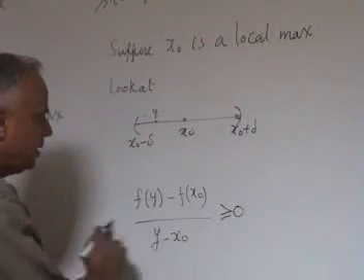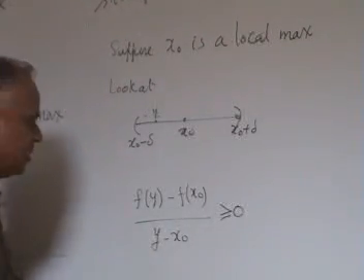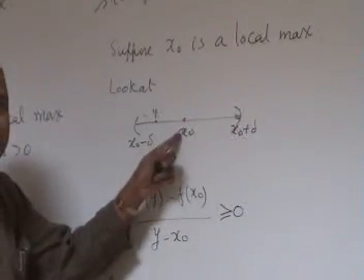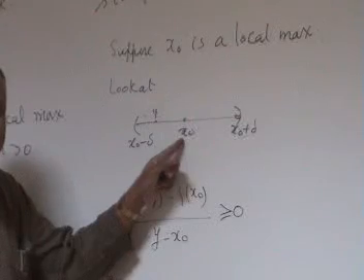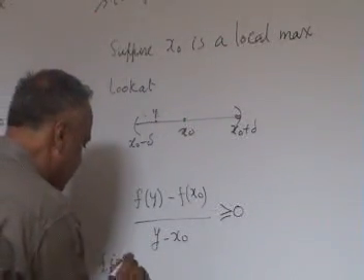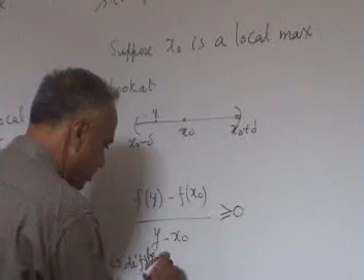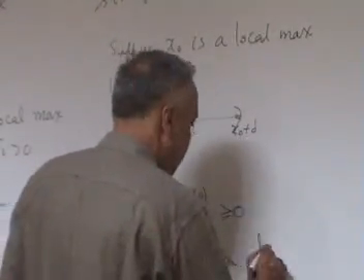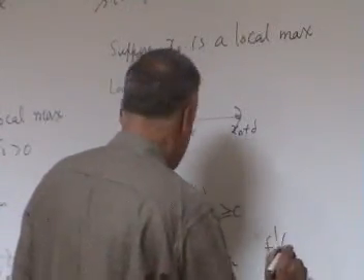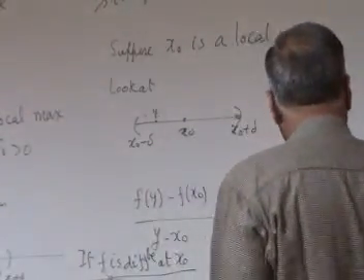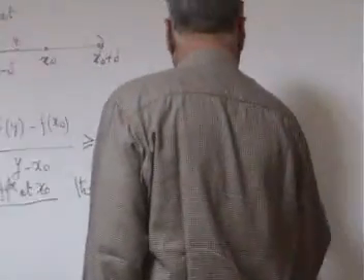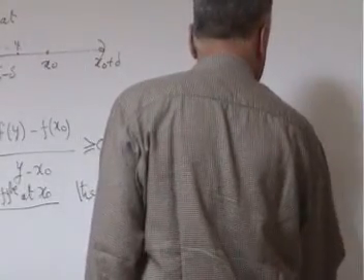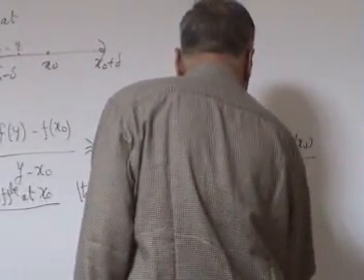Suppose this limit exists. When will this limit exist as y tends to x naught? Precisely if f is differentiable at x naught. So if f is differentiable at x naught, then f prime of x naught is the same as the left-hand limit, y tending to x naught, y belonging to (x naught minus delta, x naught), of f of y minus f of x naught divided by y minus x naught.